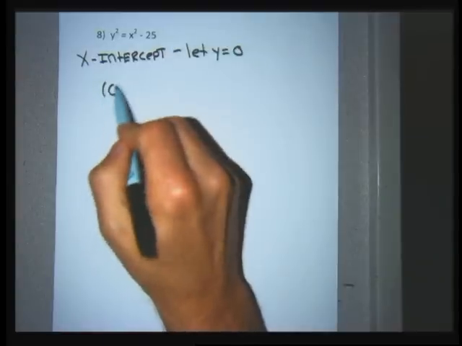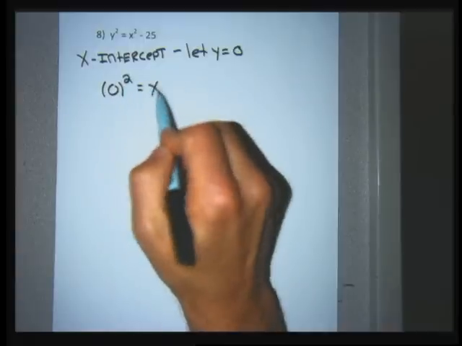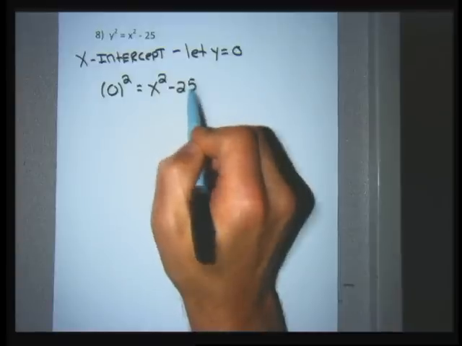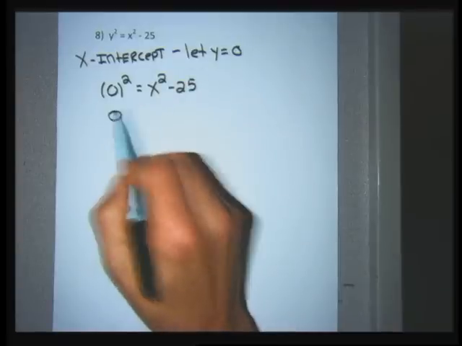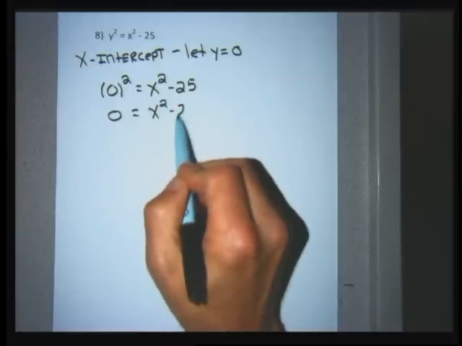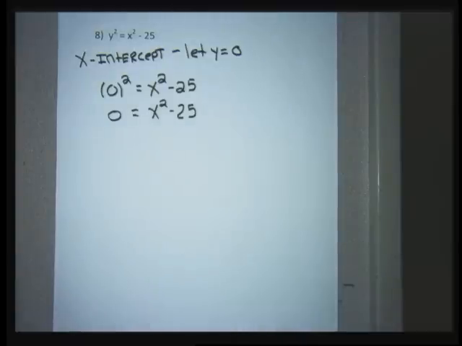So I'm going to go 0 squared equals x squared minus 25. 0 squared is 0. That would give me 0 equals x squared minus 25. And one hard thing about college algebra is you're supposed to remember a lot from intermediate algebra that you might not remember. I'm going to solve this 2 ways, but you only need to solve it 1 way.